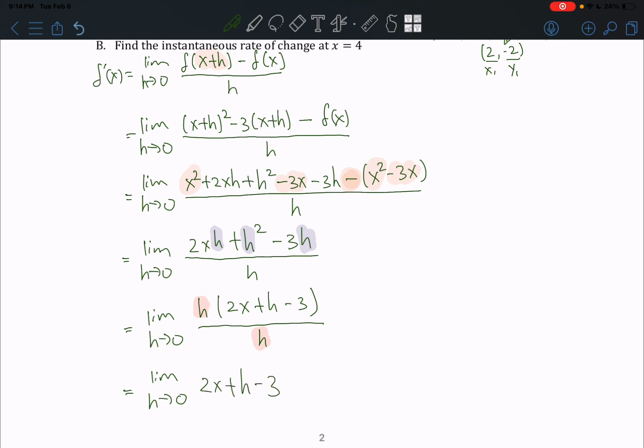And finally, I can evaluate the limit by setting h equals 0, by the direct substitution method. And my result is 2x minus 3. So this right here is the derivative of my function f of x.